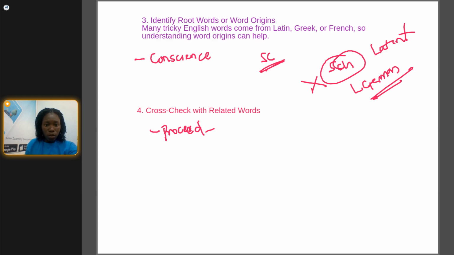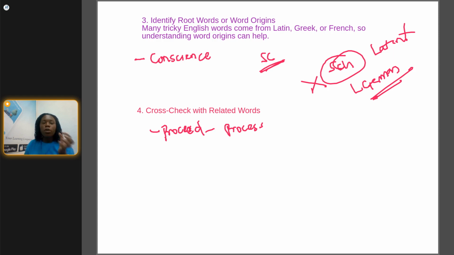So you talk about process, and that means to keep going. So if you look for a similar word, they may share the same spelling pattern.